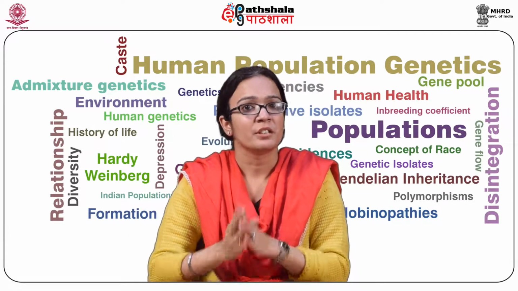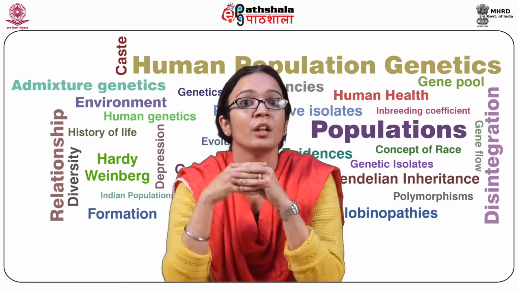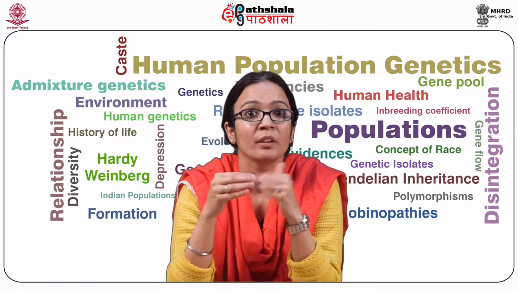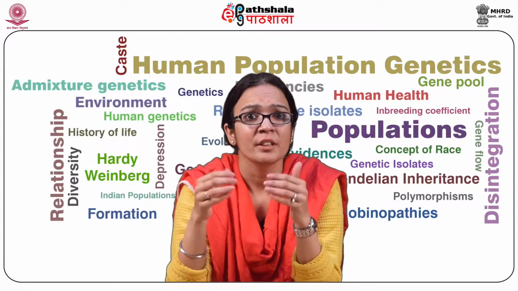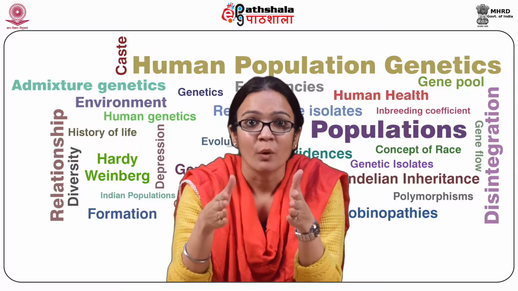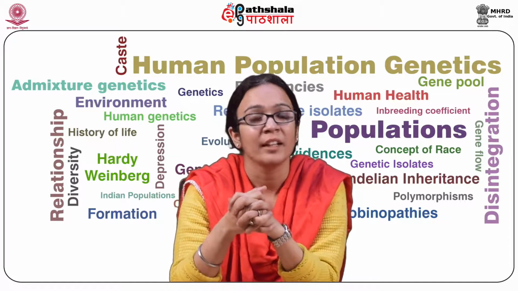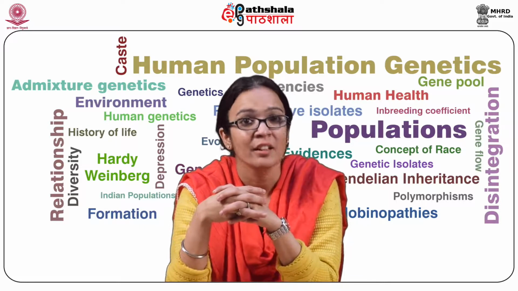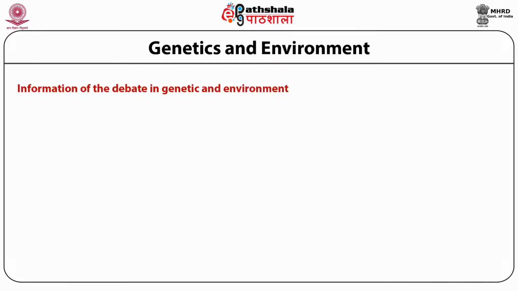In the fields of research, the scientists found out close feedback loops, where nature and nurture influence one another constantly, and in other fields, but till now it is unclear where the dividing line is between an inherited and an acquired trait. Let's look into the information of the debate in genetics and environment.